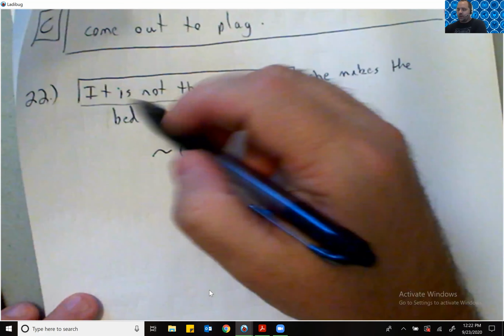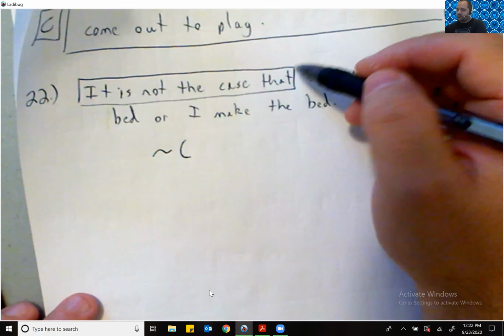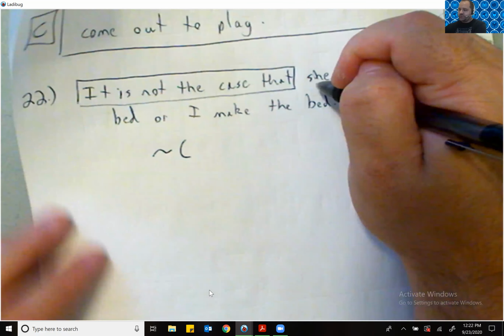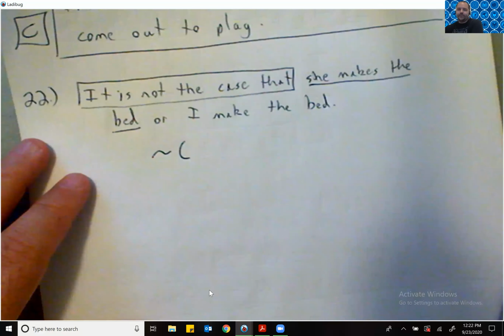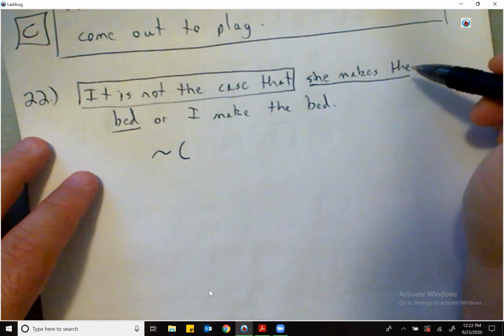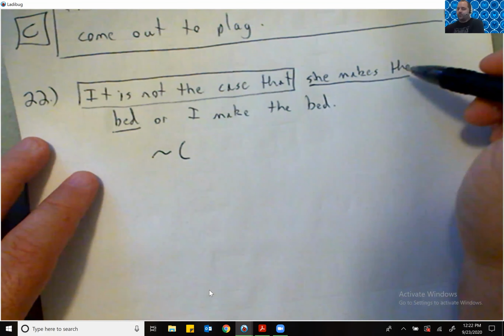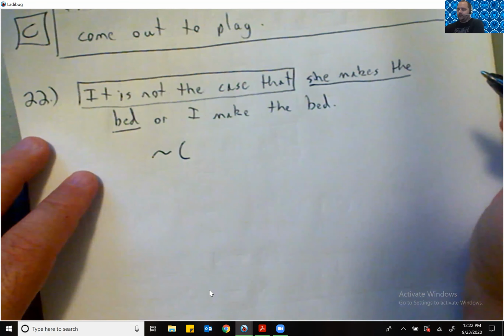Then we've got she makes the bed. What symbol should we give? Just Q or P or something. Pick one. P is very good. We always start with P.